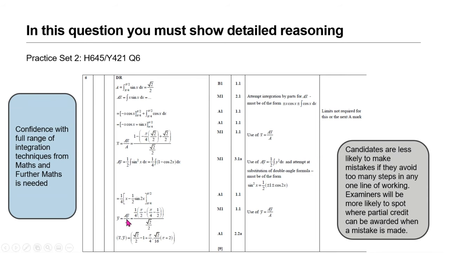So looking at this expression for y bar here, the y coordinate of the centre of mass, that is clearly not a simplified answer. And if you gave that in your coordinates for the final answer, you may well have a mark deducted.